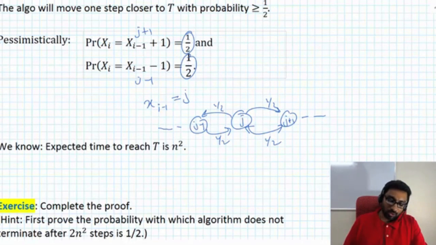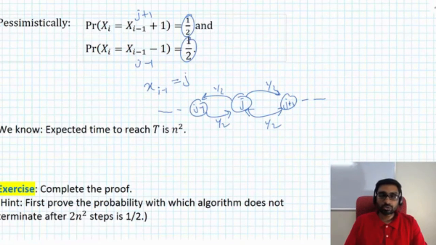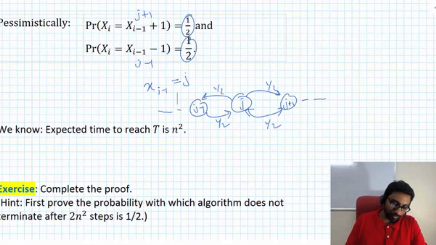So what we know is that this pessimistic Markov chain terminates in n squared steps on expectation. So this is what we are going to use crucially to prove that the algorithm in fact finds the satisfying truth assignment with overwhelmingly high probability.